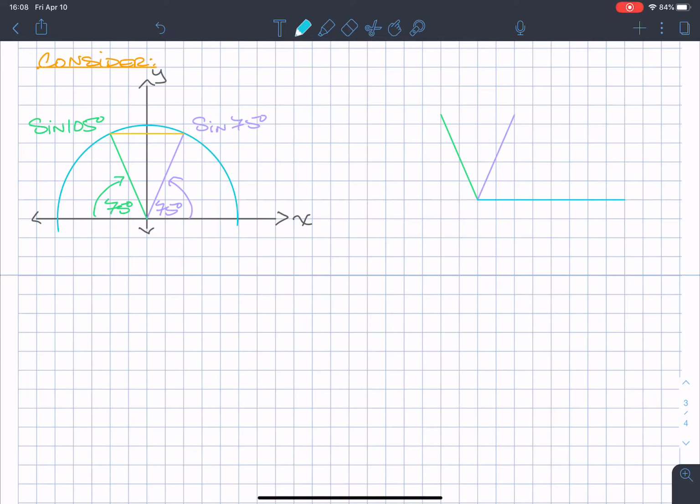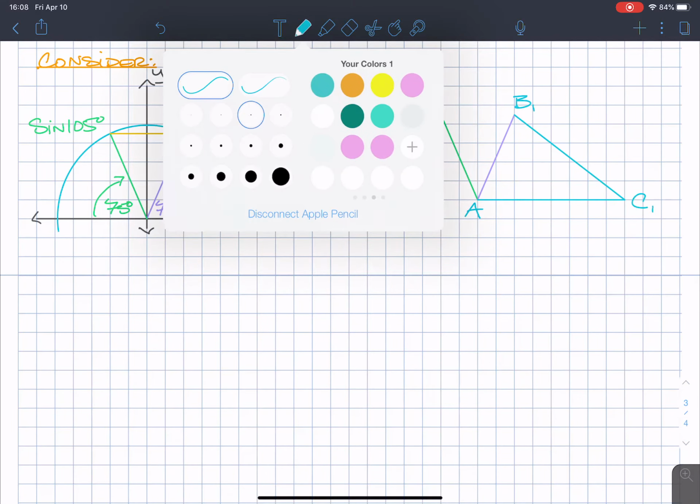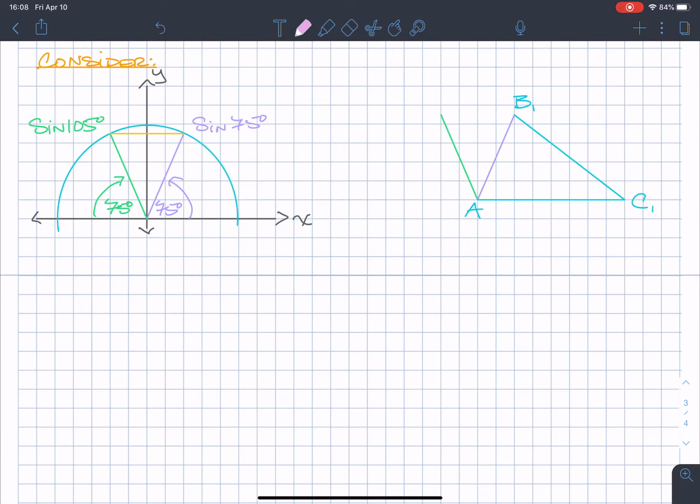Well, there's two possibilities. I could have the triangle, let's call this A, B1, C1, or I could have the triangle A, B2, and I guess C is just C. So let's make C purple.